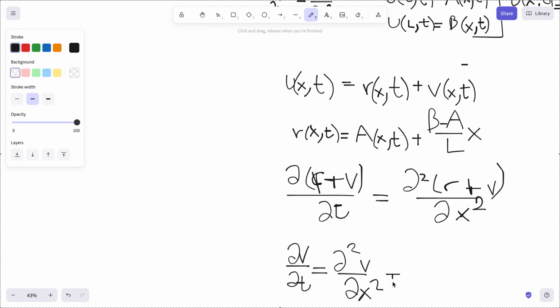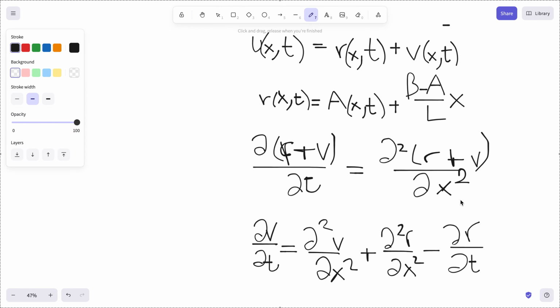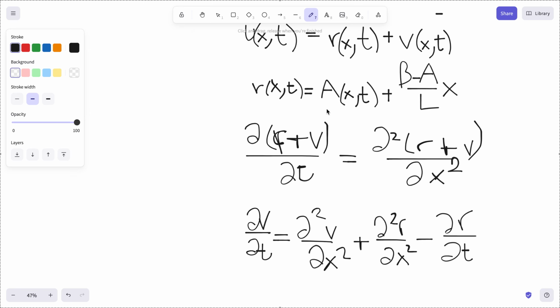plus partial squared r over partial x squared minus partial r over partial t, which you can solve for by taking the derivative of this with respect to time, with respect to x. With respect to time, it would just be a prime of x.